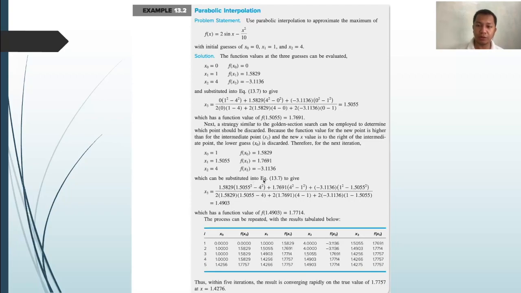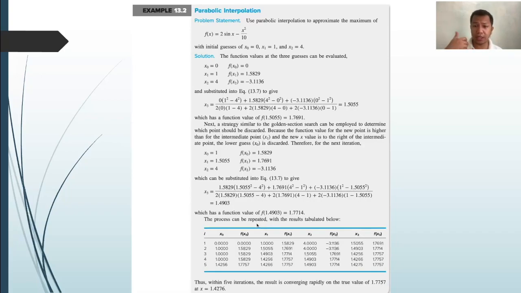Substitute these values to the equation. We have a new value of x3, which is equal to 1.4903. Getting the function value, f of 1.4903 is equal to 1.7714.